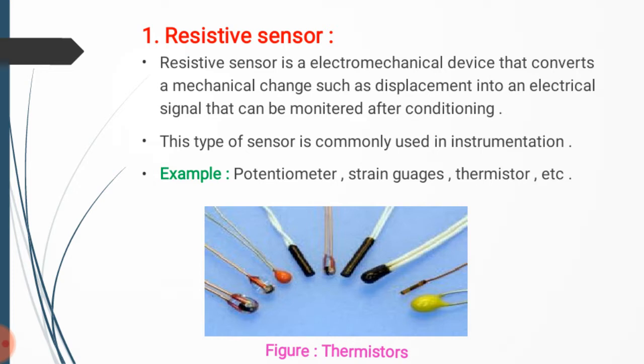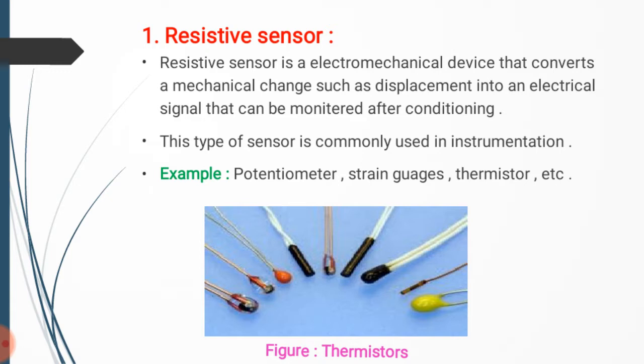That means we change a mechanical variable, such as the displacement, and there is a change in the resistance, and we know that the resistance is nothing but the electrical signal, either in terms of voltage or current. So this is the resistive sensor, which converts the mechanical change into the electrical signal.